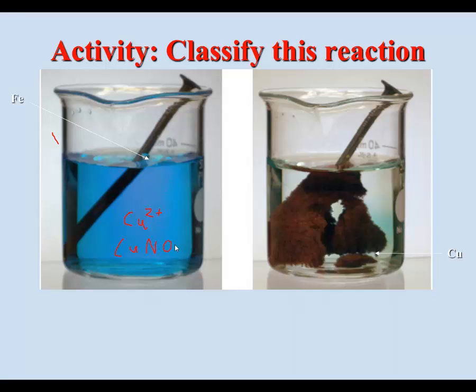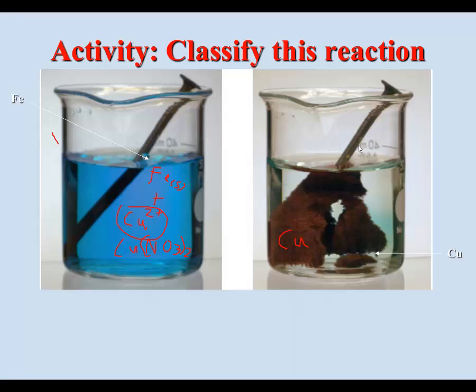So if I have the solution of copper 2 nitrate, and if I put in, let's say, a steel nail that has iron present, so I have iron as one of my reactants as a solid, and I'm mixing that with the solution of copper 2 nitrate, what we observe is we end up with copper metal coming out. So I end up with copper metal coming out of solution as a solid, and I'm seeing the blue color disappear from solution because I'm losing the copper 2 cations as they form elemental copper.